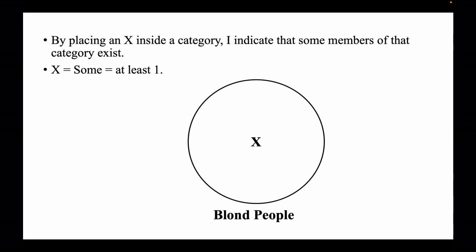In other words, the category of blonde people is not empty, but there are some individuals, some members in existence. Now in logic, remember that X means some. And some, in logical terms, means at least one member.